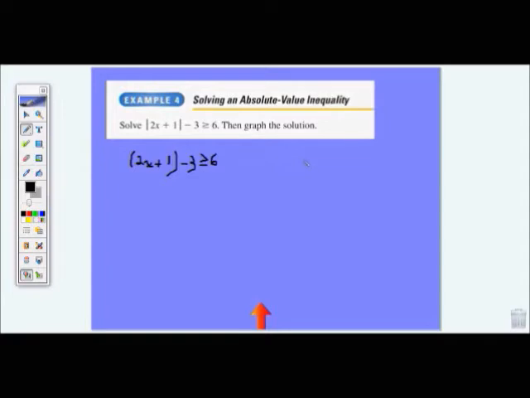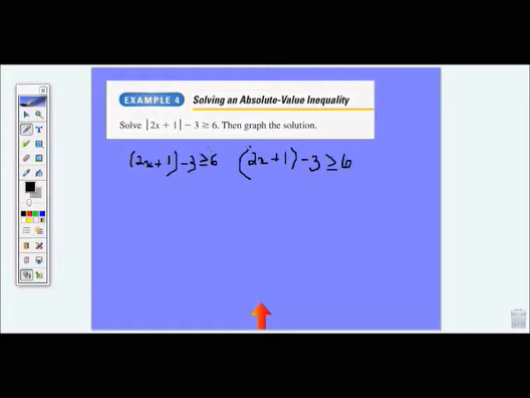And the next one, I'm going to say the quantity 2x plus 1, minus 3 is going to be greater than or equal to 6.